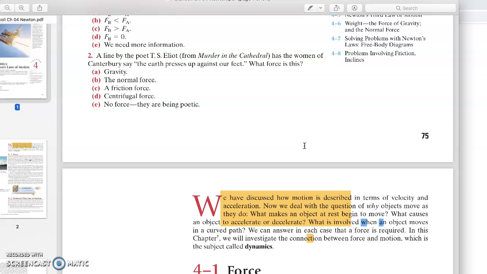All right, so the one at rest will stay at rest. The one which is moving with the same velocity will keep moving with that velocity unless an external force acts on it. Now, somebody could ask me, what if I throw a tissue box on the floor of the classroom?